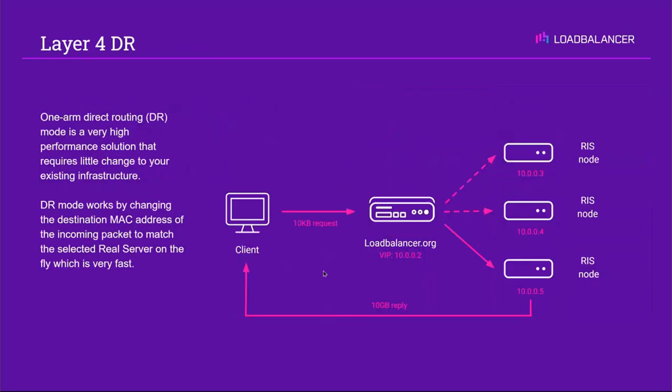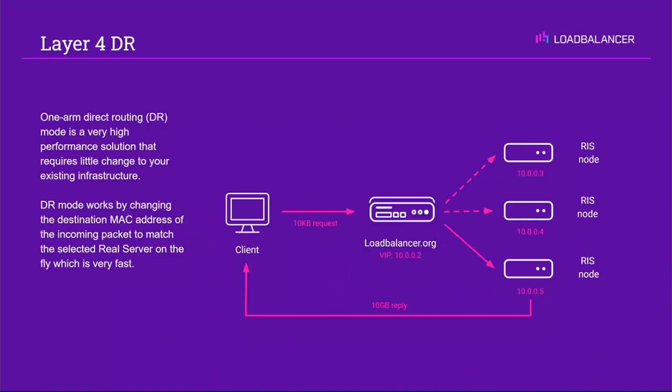So just to explain layer 4 direct return a little bit more, as mentioned before, this is a high performance solution that is definitely more performant in terms of the resources used by the load balancer due to running in kernel space, and also allows for bigger throughput, because the setup with layer 4 DR allows us to return the traffic straight to the client.